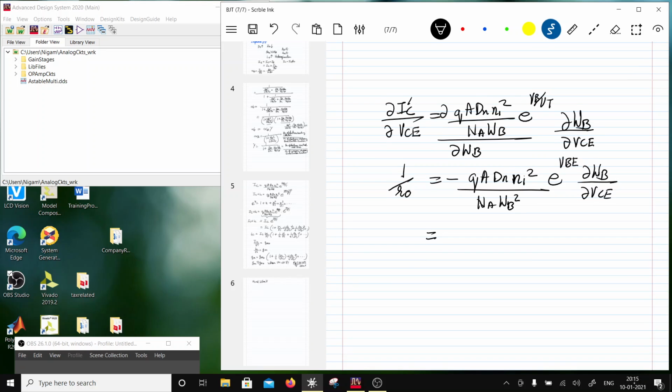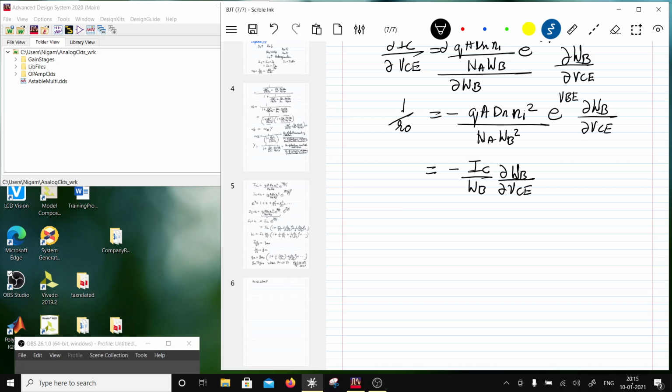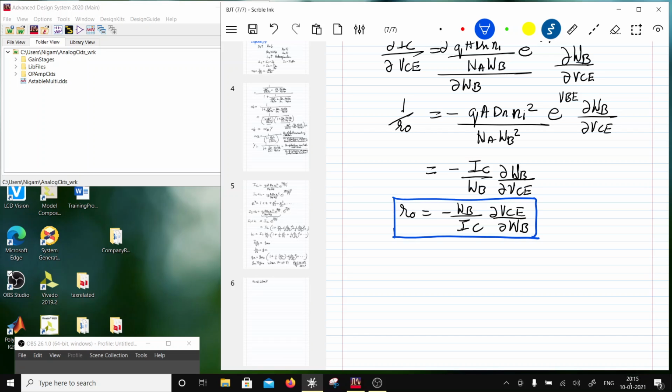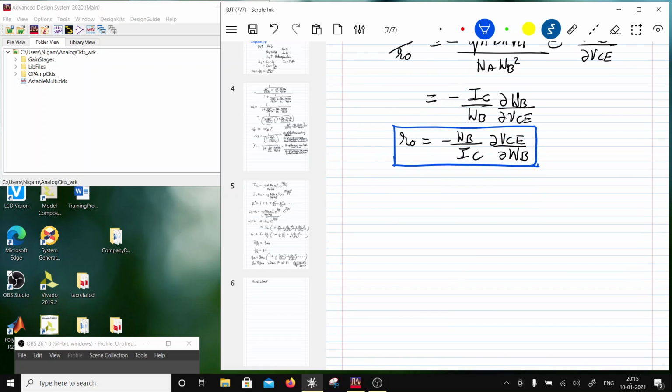So this would be minus QA, so that can be written as IC divided by WB, dou WB by dou VCE. So this is basically 1 over RO, so RO can be written as minus WB over IC, dou VCE by dou WB. So this is the output resistance due to base width modulation, right?